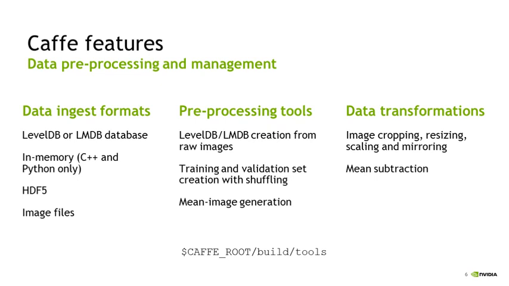You can also ingest data directly from your main memory if you are using the C++ or the Python interfaces. There are HDF5 files on the file system. If you are using very large data sets, that can be useful, or non-imagery data.